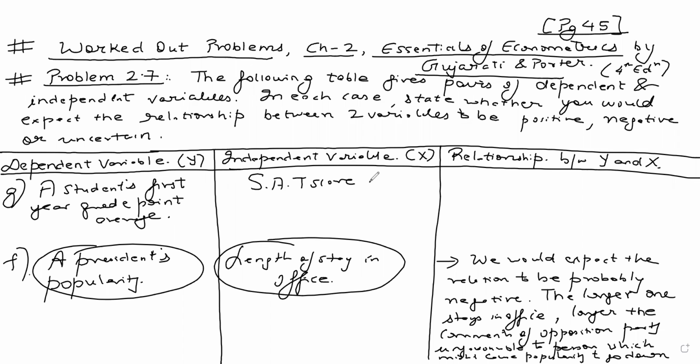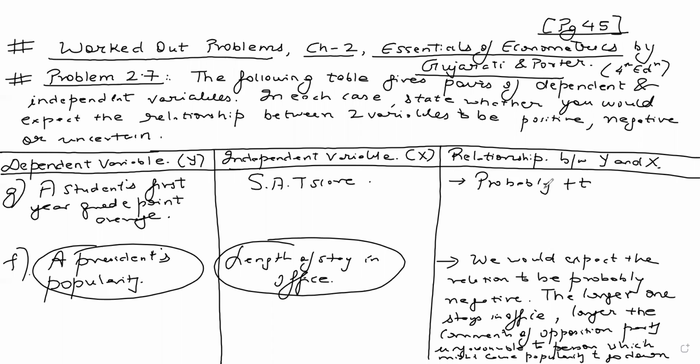Obviously, if your SAT score is high, it means your abilities of solving problems are higher, which means that you are expected to score a higher grade in your first year. So we would expect the relationship to be probably positive.